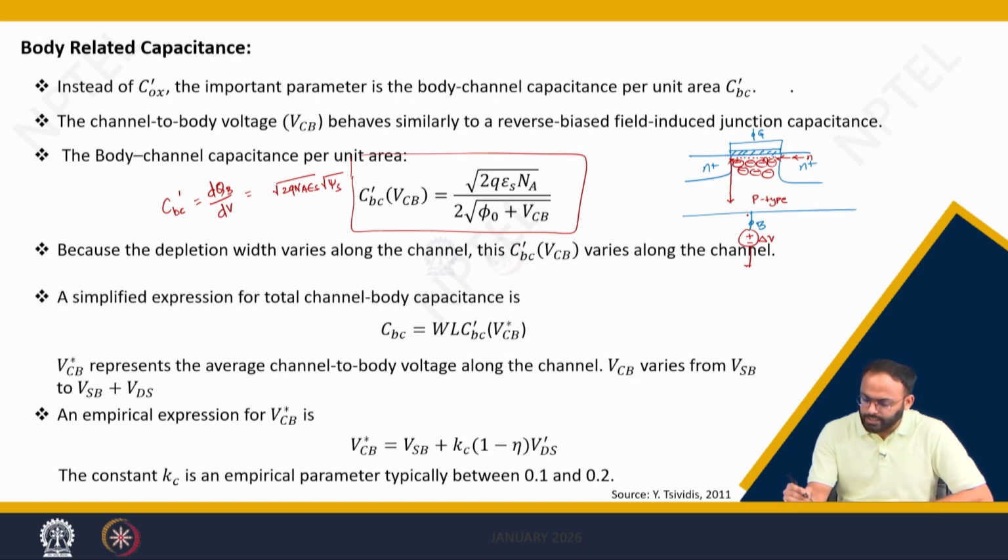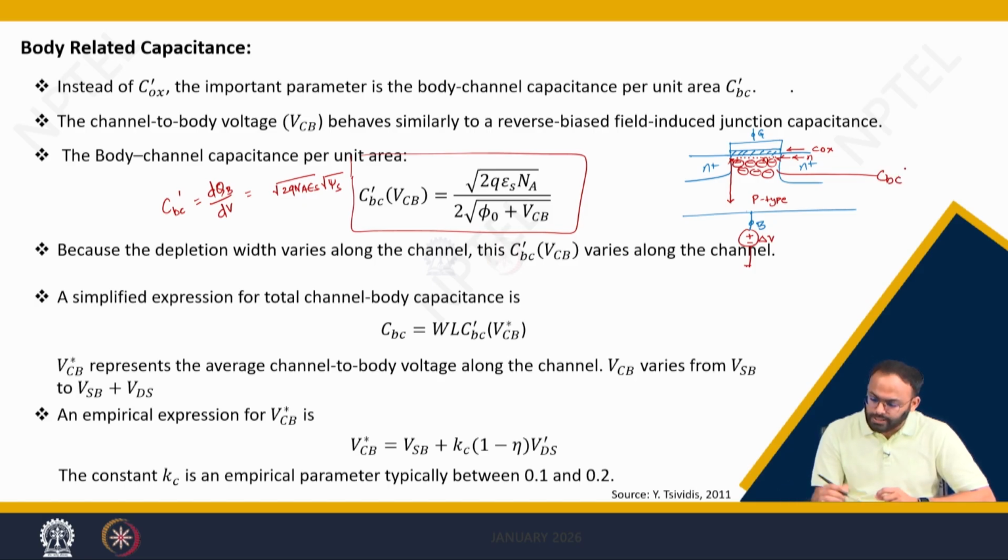side. It is similar to the Cox, right? So when you look from the gate side, Cox is the capacitance present between them, and when you look from the body side, it will be CBC, right?